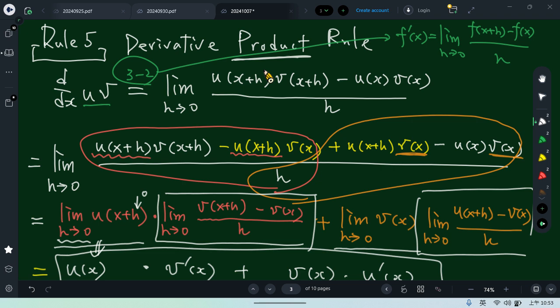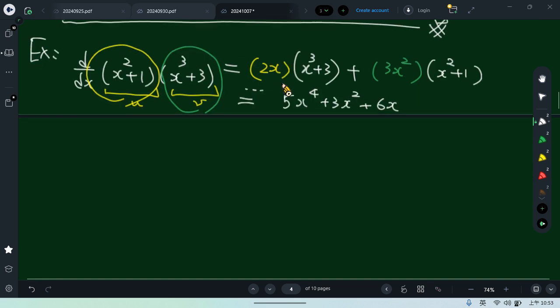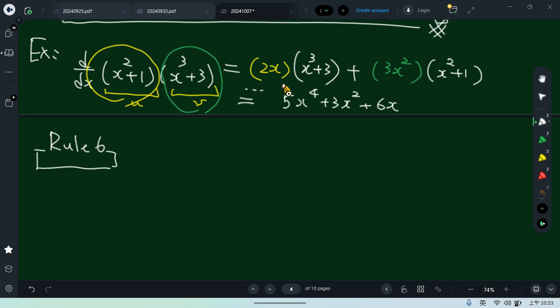If we have the product rule, of course we can find another important rule, rule number 6, which is the quotient rule. The so-called quotient rule is when you face the u over v form.